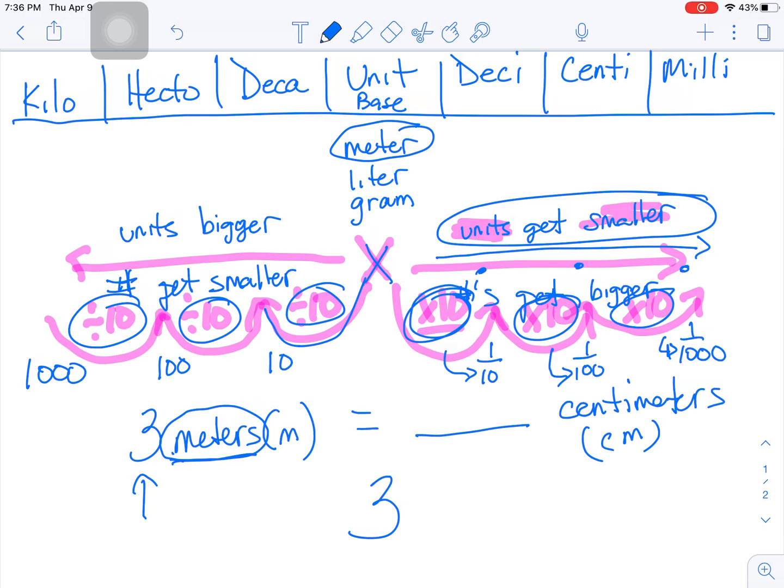Now, if I need to move to the centimeters, I'm going to be thinking in my head, that means I need to move over to the decimeter, then over to the centimeter section. If I'm multiplying times 10, 3 times 10 makes 30, and 30 times 10 makes 300. Now let's think of another way that we could have done that, okay? So I could have just taken 3 times 100 and I would have gotten 300 for centimeters.